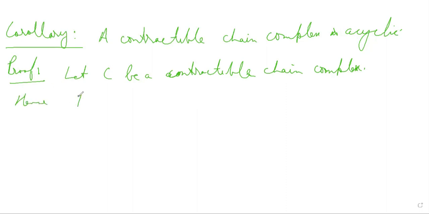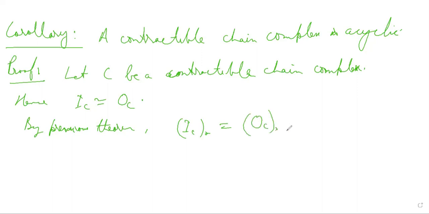Hence, this identity chain map is homotopic to the zero chain map of C. By the previous theorem, because they are homotopic, the induced homomorphisms will be equal. This I_C star equals 0_C star.